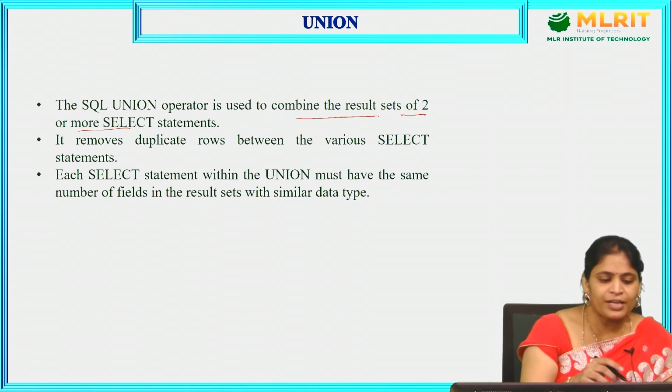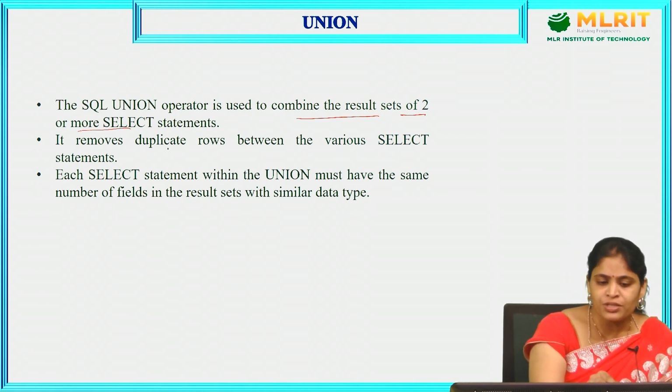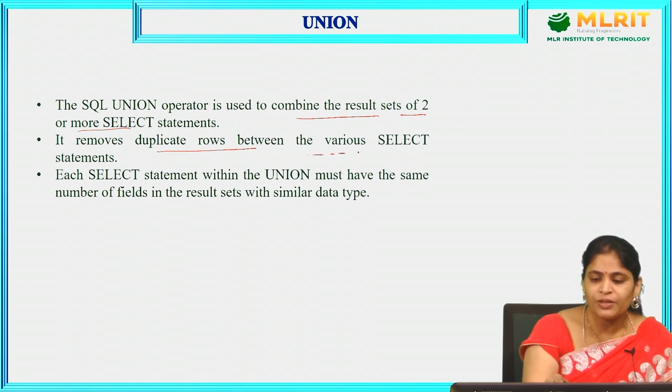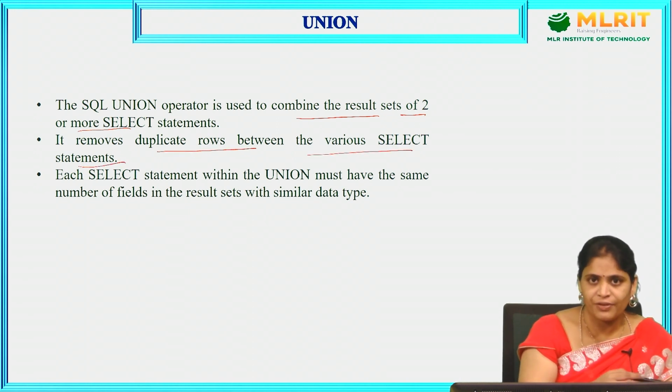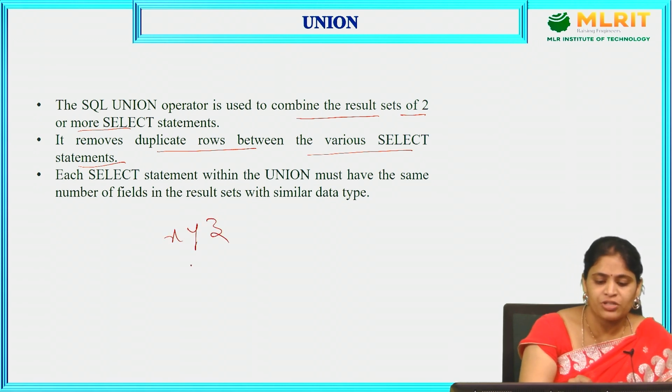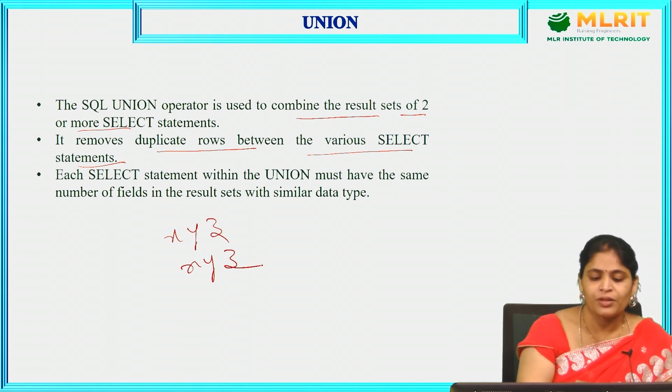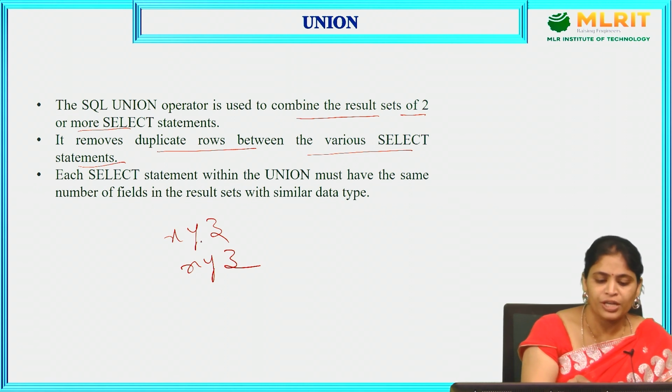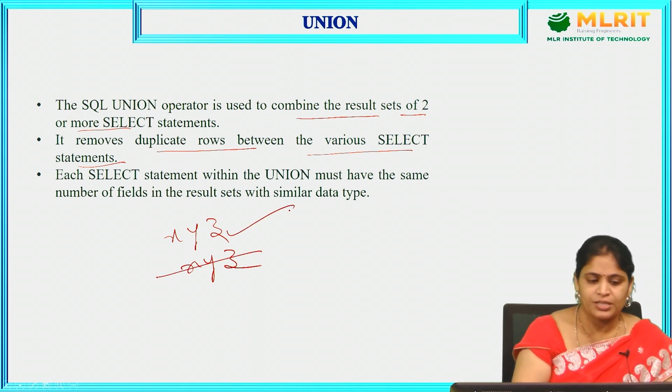It removes duplicate rows between the various select statements. If I got the same information XYZ and XYZ, then by using the union operation, this XYZ will be displayed only once.